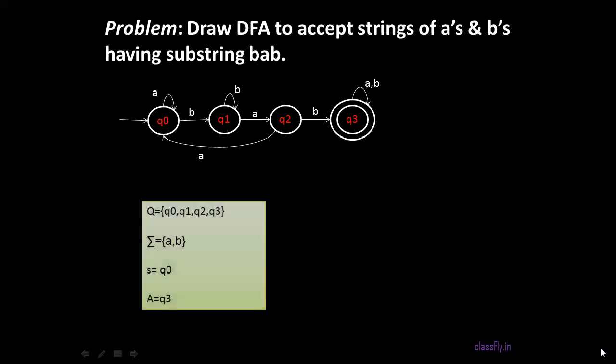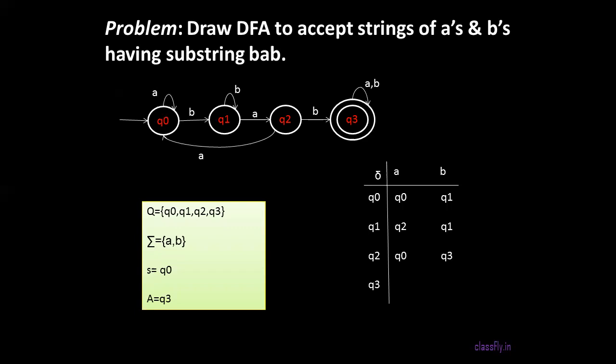Now Q0, Q1, Q2, Q3 are the states. A and B are the inputs. Q0 is the start state. Q3 is the final state. Now the transition table: A and B are the inputs. Q0 is mapped to Q0 by itself, that is a self loop on A. Q0 is mapped to Q1 by B. Q1 is mapped to Q2 by A, and Q1 has a self loop of B on itself.